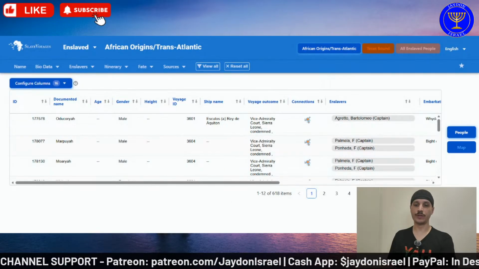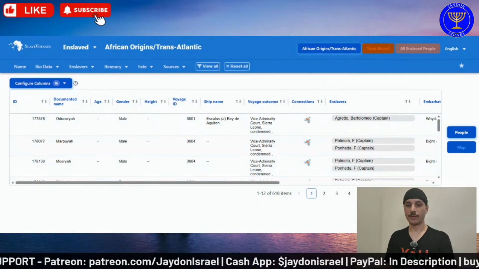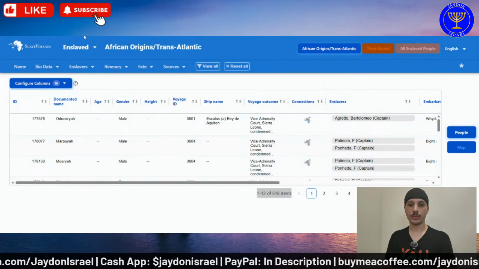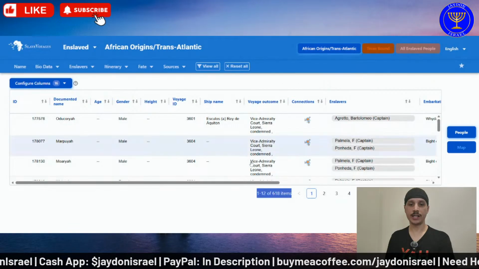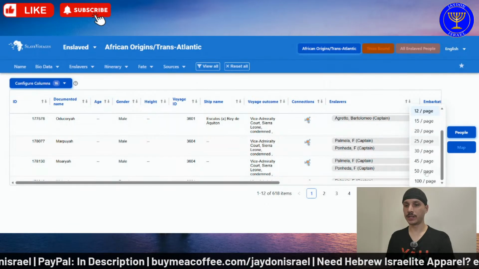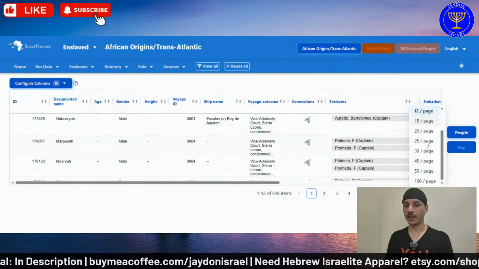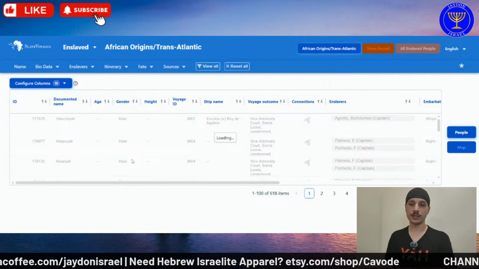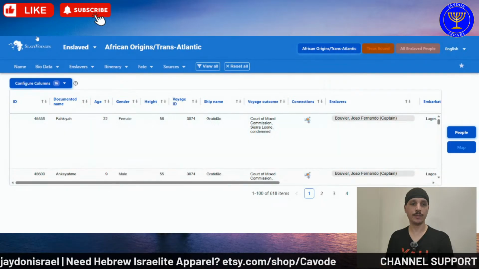Now this is showing one to 12 of 618 items. So we have 618 names listed. Let's increase it from 12 per page to 100 per page. It's a lot of names, family, 618.